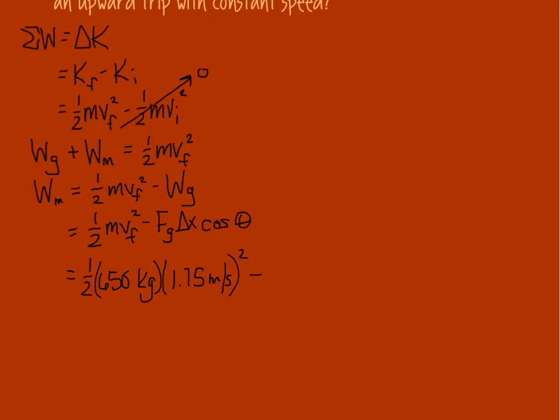Minus the force of gravity, which can be found by multiplying 650 kilograms times 9.8 meters per second squared, times the displacement, which is something that we need to calculate. I'm going to leave that blank for a moment, times the cosine of the angle between force and displacement.